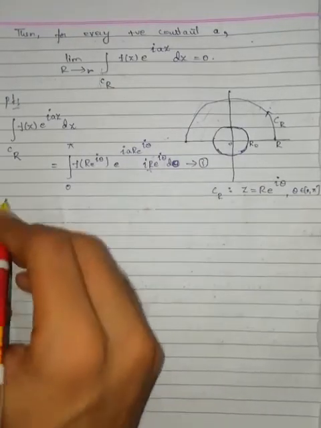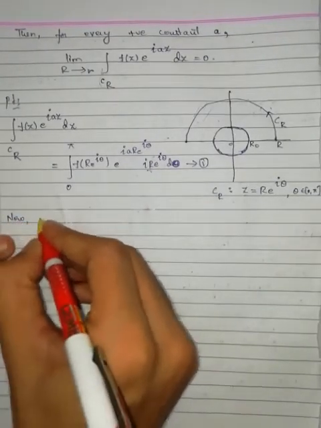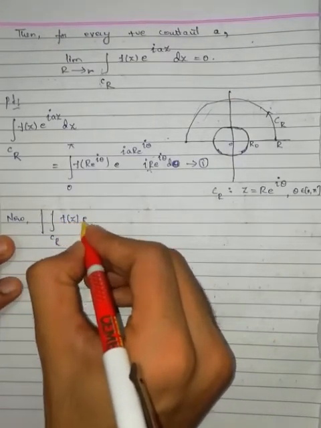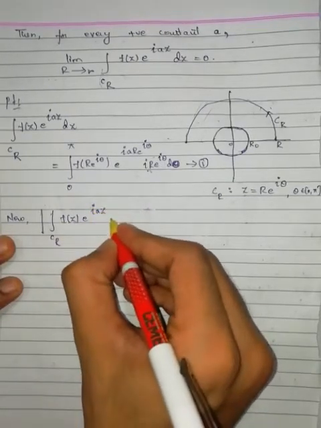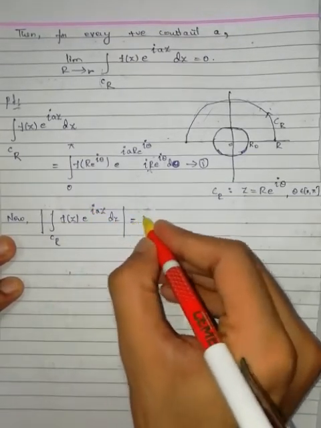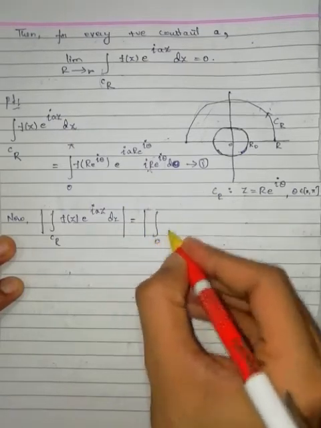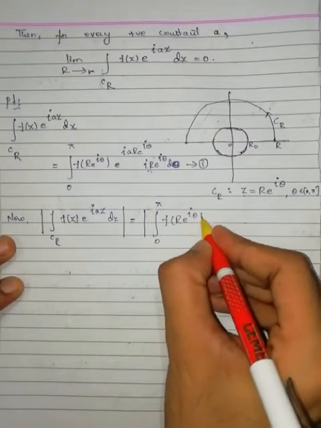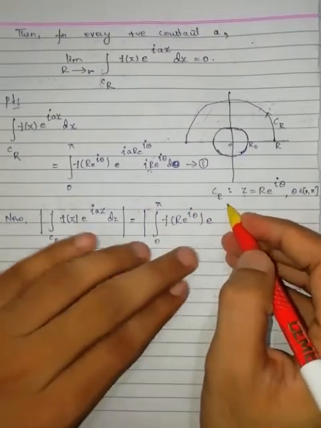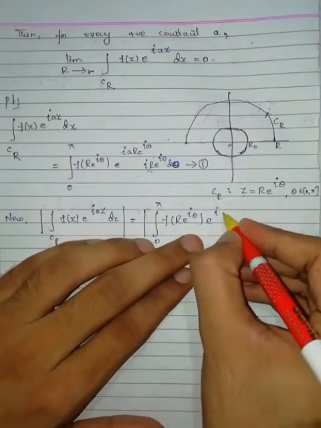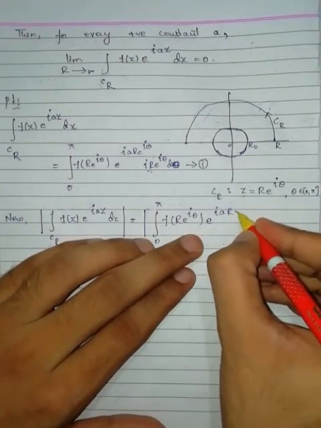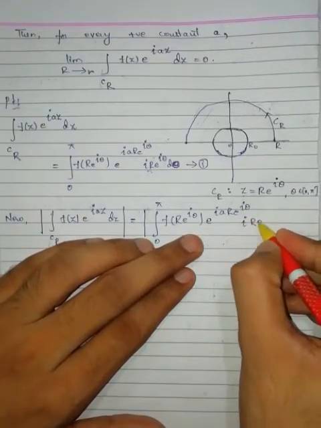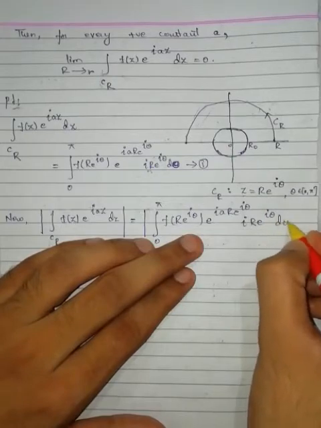Now taking modulus on both sides. Modulus of integration over CR f of z e to the power of iota az dz is equal to modulus of integration 0 to pi f of capital R e to the power of iota theta into e to the power of iota a capital R e to the power of iota theta, iota capital R e to the power of iota theta d theta.